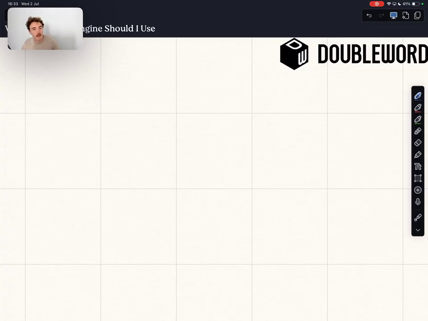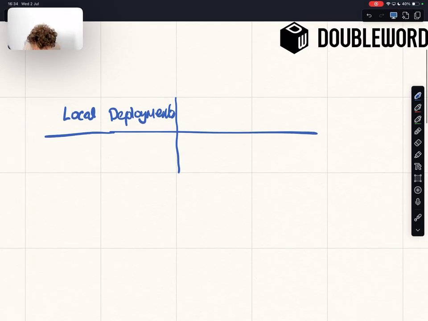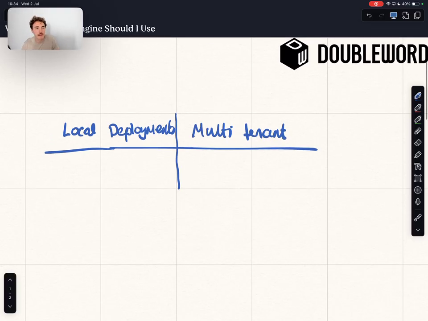Broadly, this decision falls into two camps. In camp one, you have what I'm going to call local deployments. And in camp two, something like a multi-tenant deployment. So what do I mean by these? A local deployment, I mean you're deploying on your laptop, your desktop, your phone, your iPad, something where you're the primary user, the only user of this model, and it could be deployed on a wide variety of hardware.